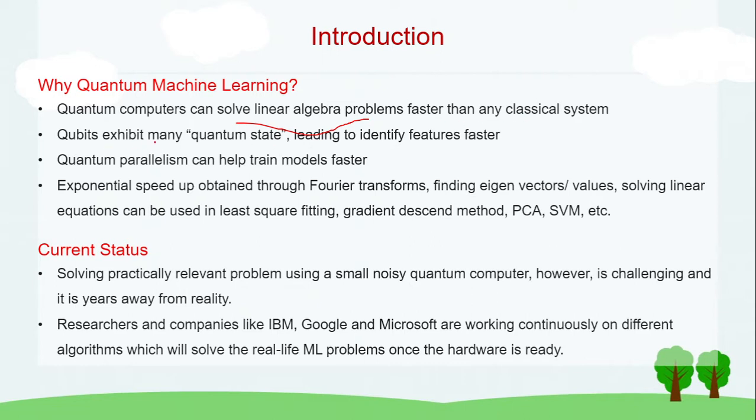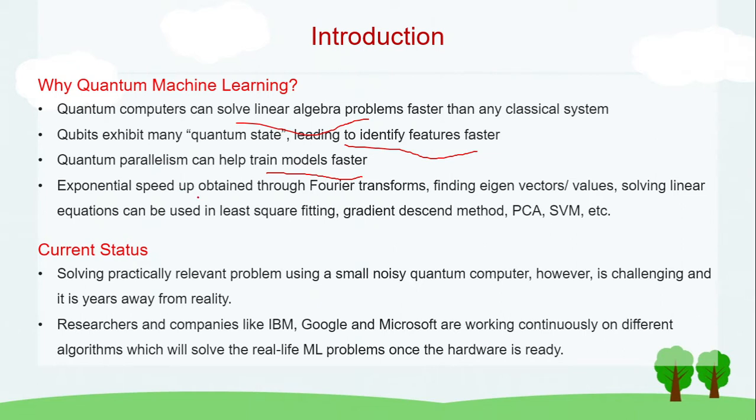And qubits exhibit many quantum states because of superposition, leading to identifying features faster. Quantum parallelism will help train the models in a much faster way.